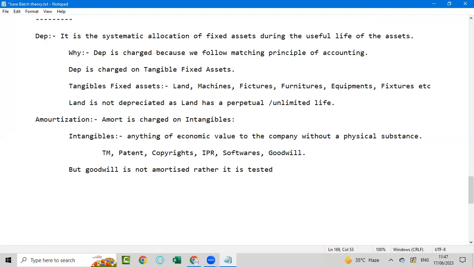Rather, it is tested for impairment at least once annually. What is charged on intangibles? Anything of economic value without a physical substance. Examples of intangibles are trademark, patent, copyrights, IPR, software, goodwill. But goodwill is not amortized. Okay. Everything we have written.